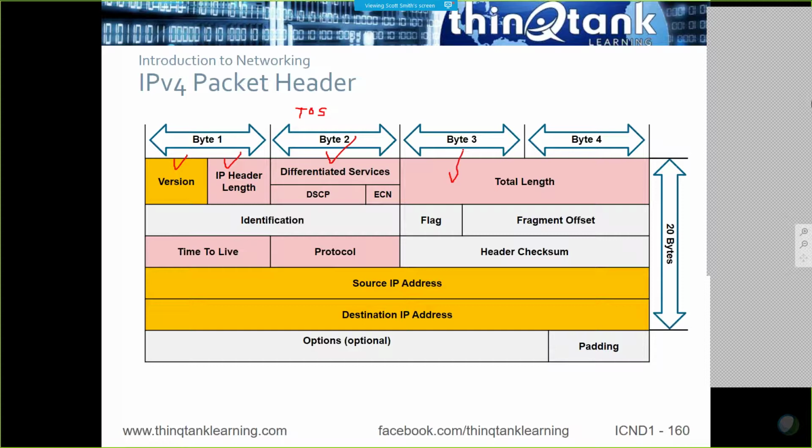But one thing I want to point out, that total length field includes the header itself. So if I have a total length of 420 bytes, and I'm using a standard IPv4 header, how much data is actually encapsulated above IP? This is an IP header.